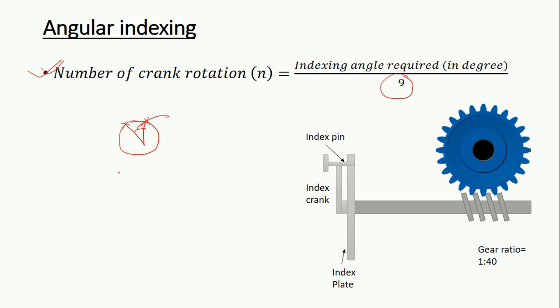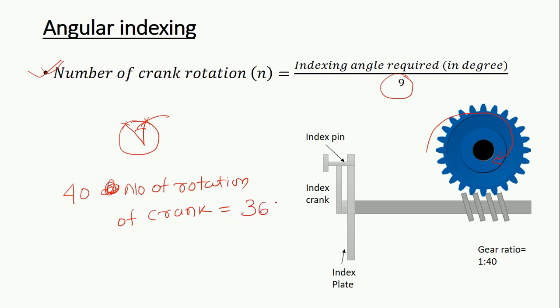Better you should remember this formula, but you should know how we get the 9. If we rotate 40 rotations of the crank, that is equal to one complete rotation of the worm wheel or the job, means 360-degree rotation of the job or the workpiece.